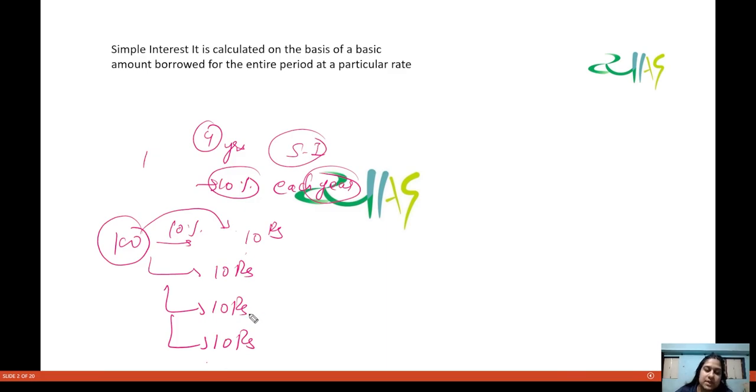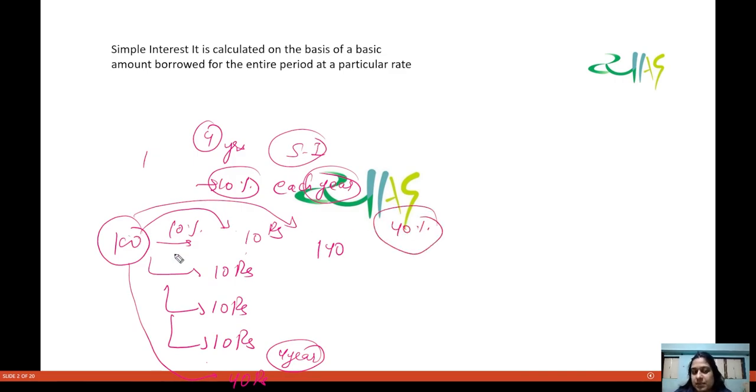So total interest is 40 rupees after 4 years, and the total money you will get back is 140. This is 40%. So if you are taking simple interest at 10% per annum, after 4 years your money will increase by 40%.